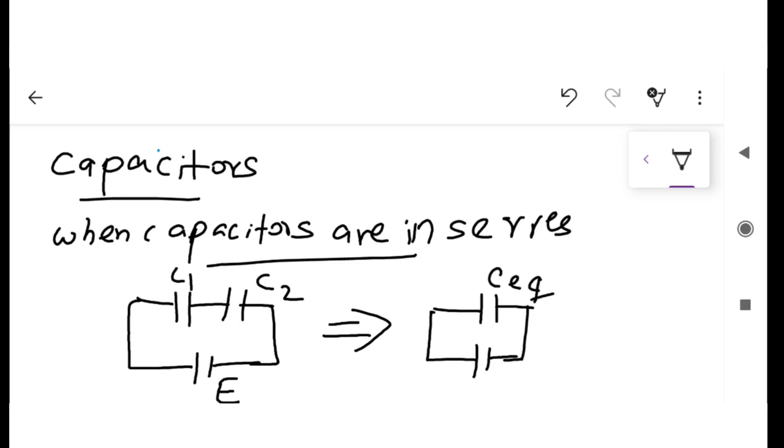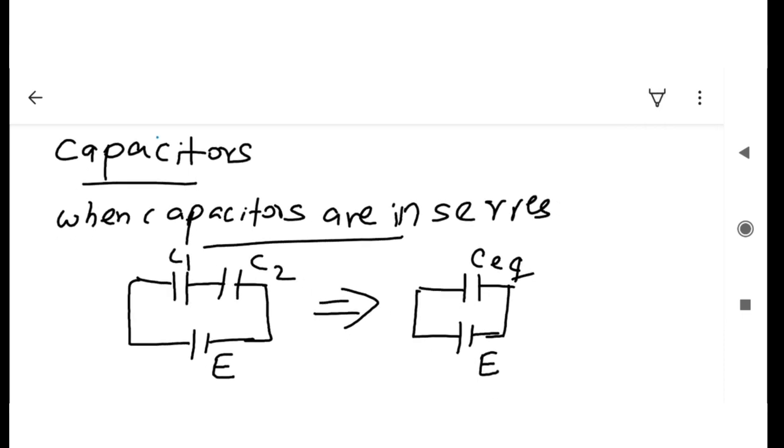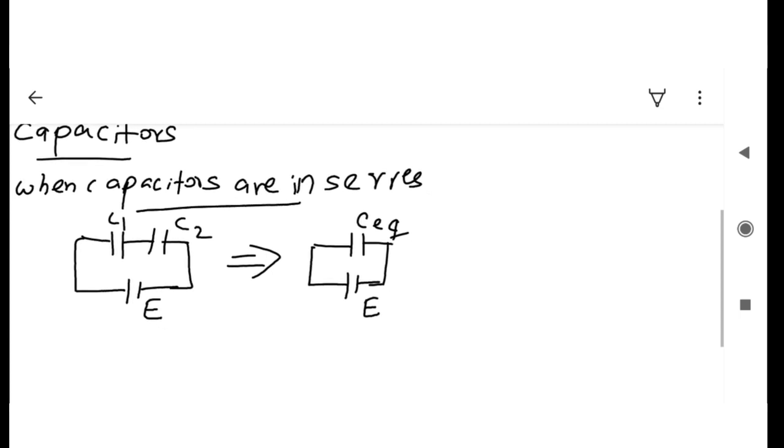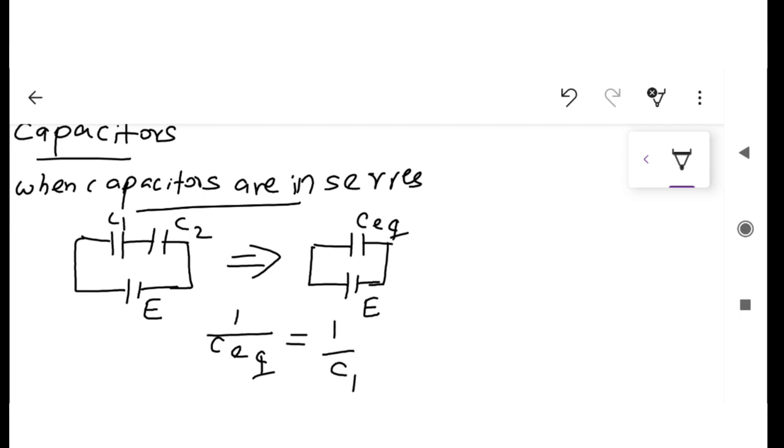I assume this equivalent capacitance as C equivalent, and this one is E. Then we can write the formula: 1 over C equivalent equals 1 over C1 plus 1 over C2. This is the formula when two capacitors are connected in series.